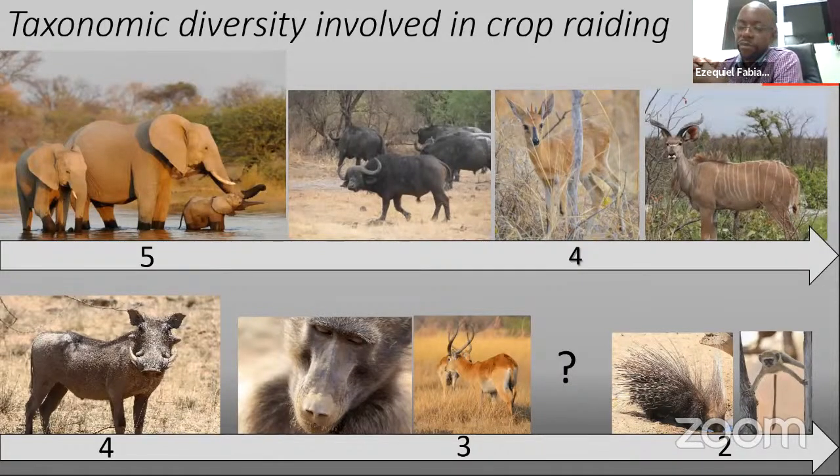Elephants were ranked highest, or mentioned the most, followed by buffaloes and kudus, and then other species such as the warthog, some primates, and the porcupine. So there is a larger suite of species involved in crop raiding than most studies will actually report.